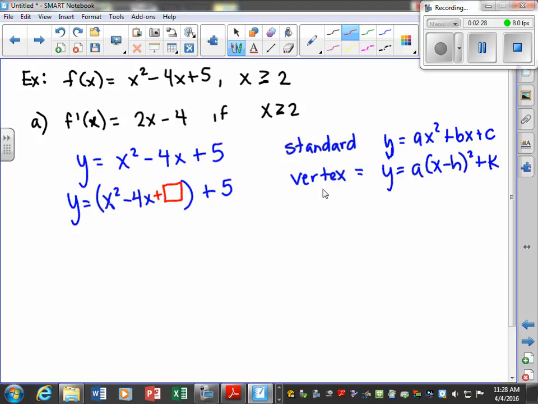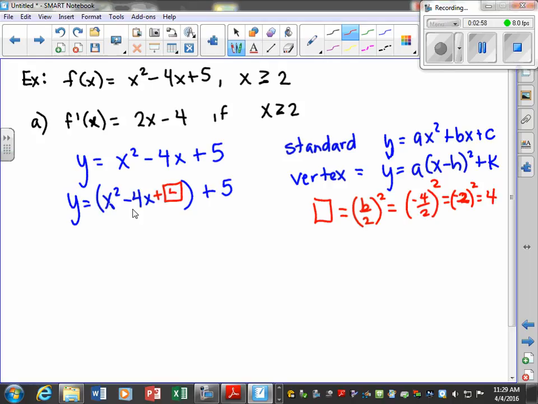And remember, we take the b term, divide by 2, and square it. In our particular example, what's our b term? Negative 4. Negative 4 divided by 2 is negative 2, squared, which is going to be positive 4.